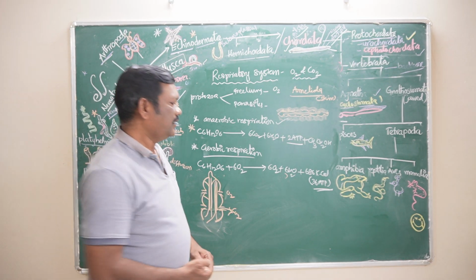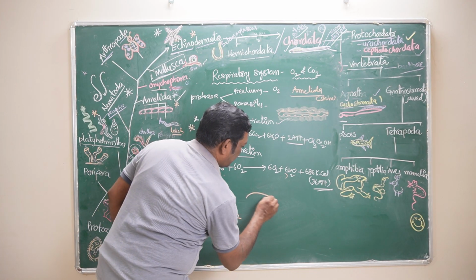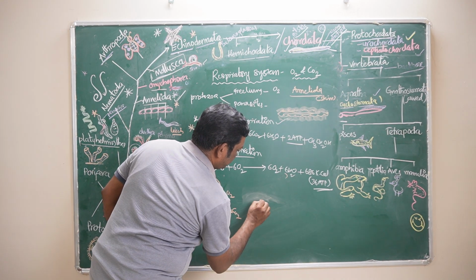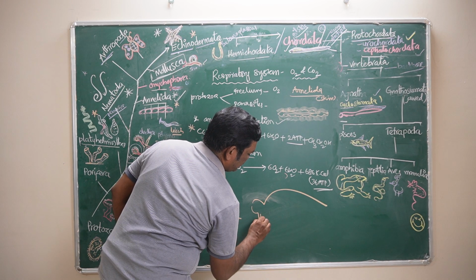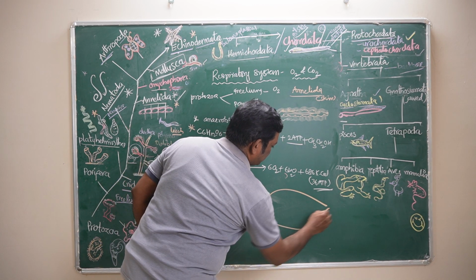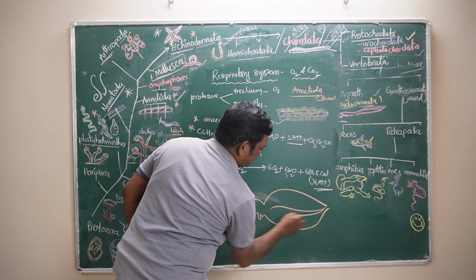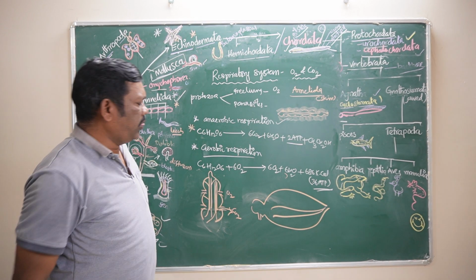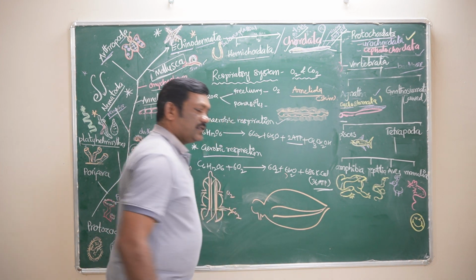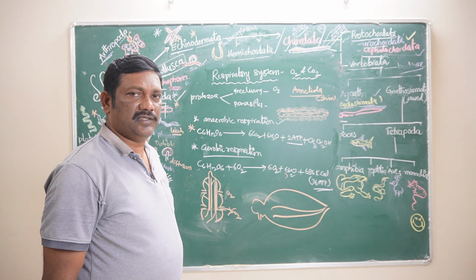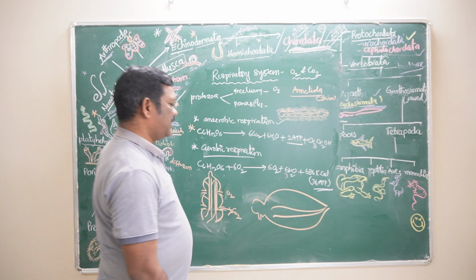Because the insects have, for example, I am taking the cockroach. Insects like the cockroach have an open type of circulatory system.